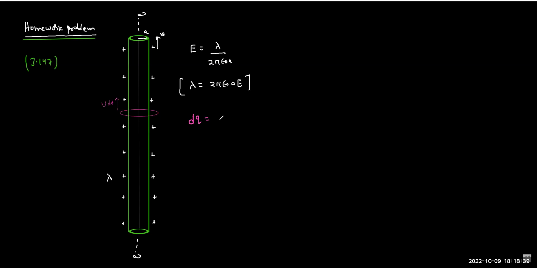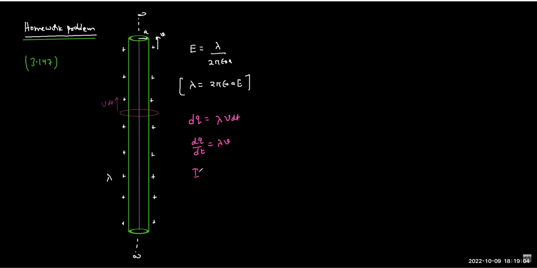Charge is defined as lambda into length, which is v dt. And what we are looking for is dq by dt, and that is called the current. So we call this convection current. Why do we say convection? Because here the charge itself is put on a surface and the surface is in motion.